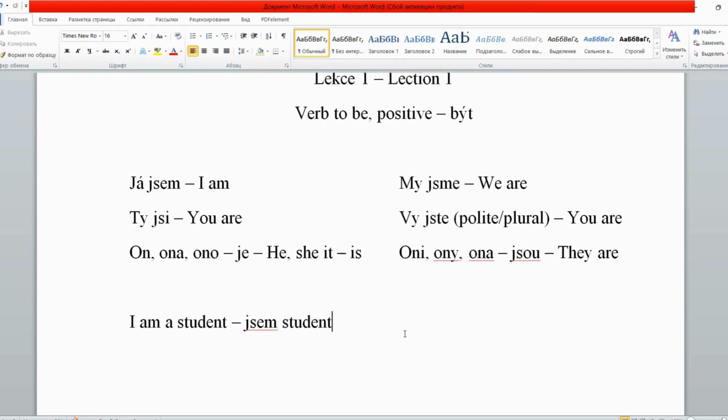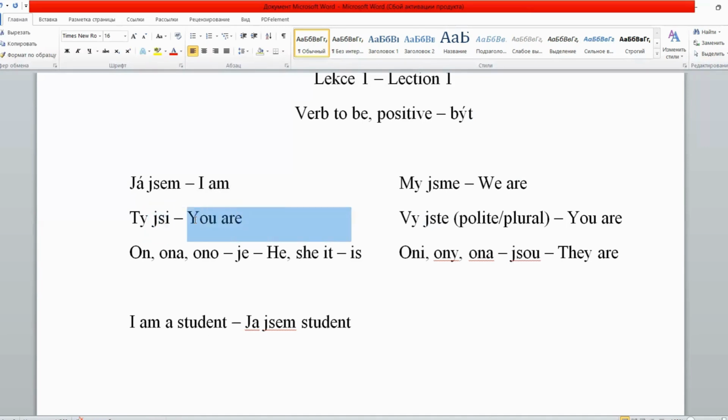Let's see one example. For example, I am a student. We use jsem student. It's not a mistake when you use já jsem student. Let's try with me. You are a student.